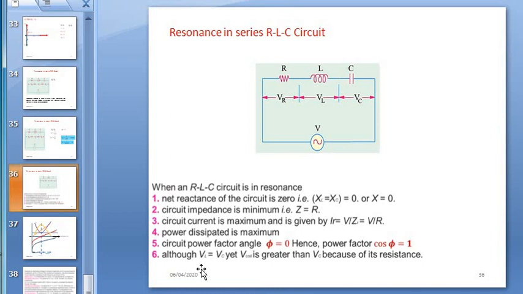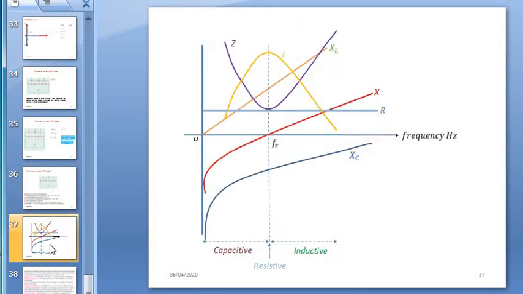Although VL is equal to VC, yet V coil is greater than VC because of its resistance. If we need to plot the various graphs against the frequency, the graph of impedance, XL, XC, resistance, net reactance, this is the graph.